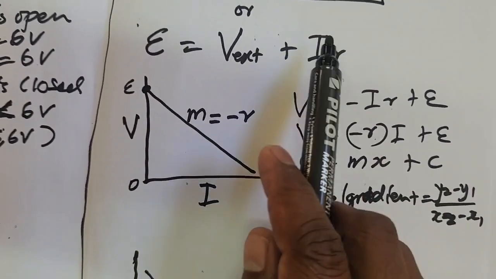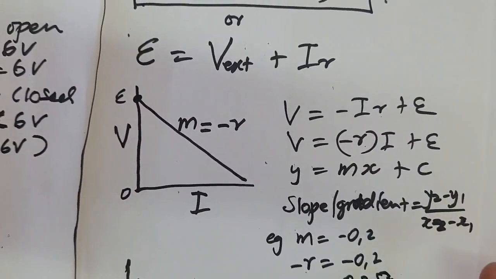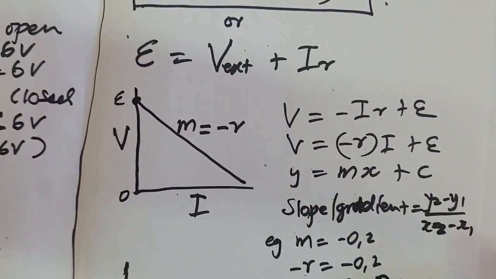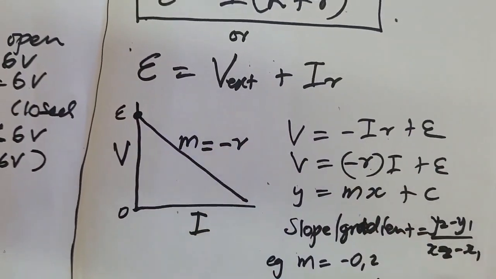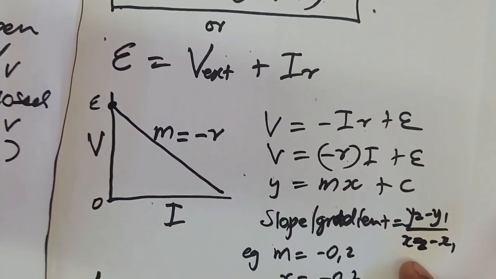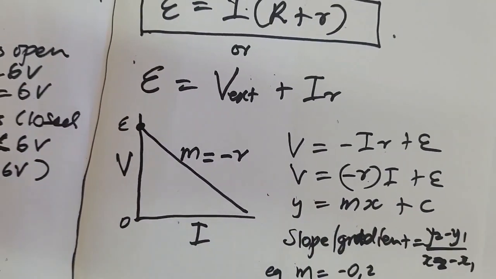That's why we say the internal resistance drops the voltage of the battery when the current is flowing. This voltage will no longer be the same as the EMF when the current is flowing in the circuit. It will be less than the EMF.